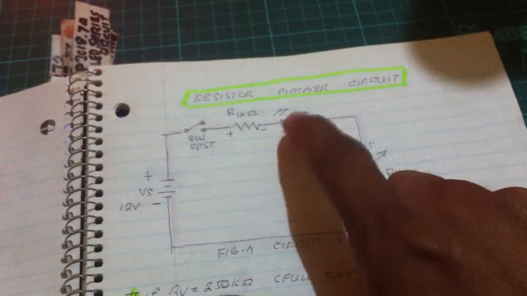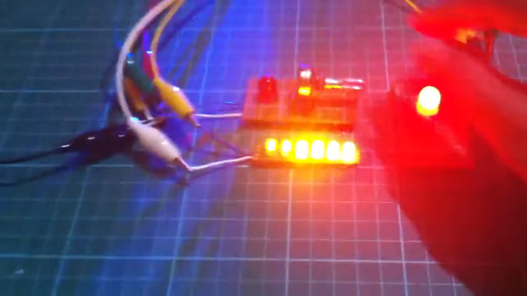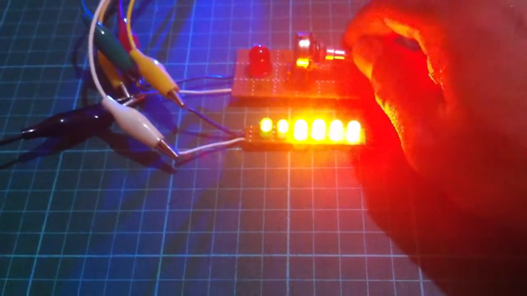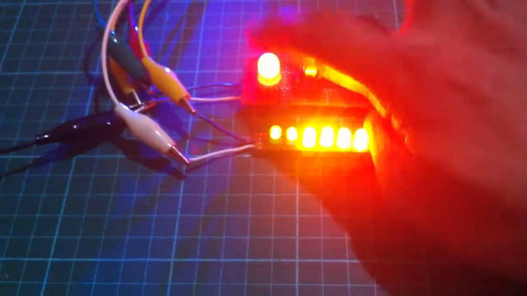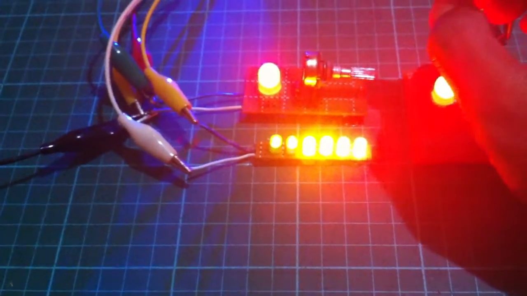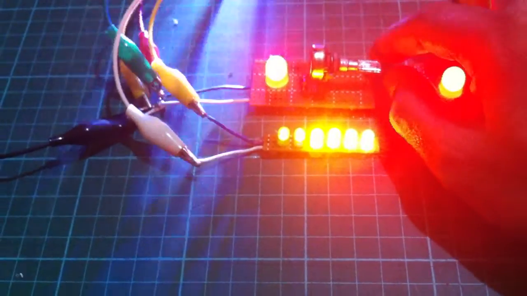But the LED is not turning on because the voltage rating of the LED is 2 volts. That's why when you turn it back, the LED turns on because it receives 2 volts, and the current now in the circuit is 0.02 ampere.